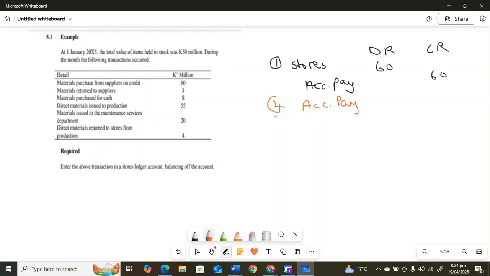Especially if this is from the same supplier. Since these goods were obviously not good, they were damaged, what we're owing the supplier must reduce. And these goods are coming out of the stores account, so we credit stores. The next one is materials purchased for cash.